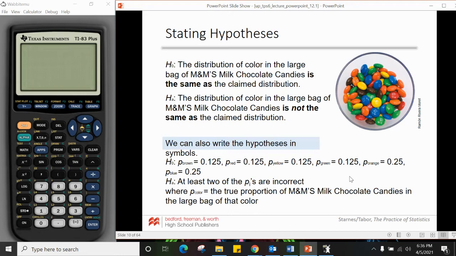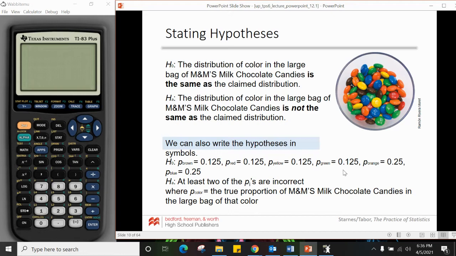What do I mean by that? Well, let's say we found out that P(brown) is really only 10%, not 12.5%. If it's only 10%, that other 2.5% has to be accounted for somewhere. So what other category got that 2.5%? Then that probability is no longer the same as it was before. So that's why it's always at least two of them that are incorrect.